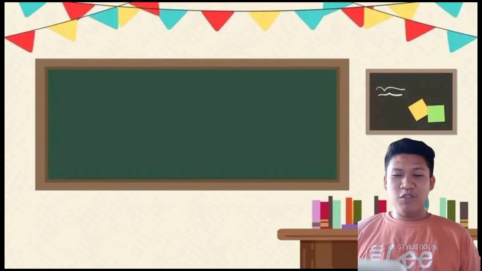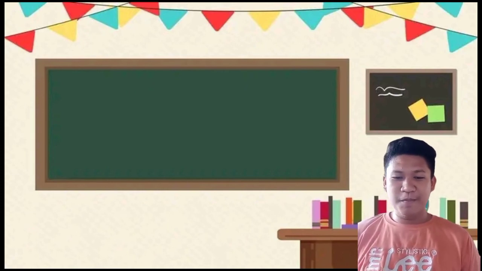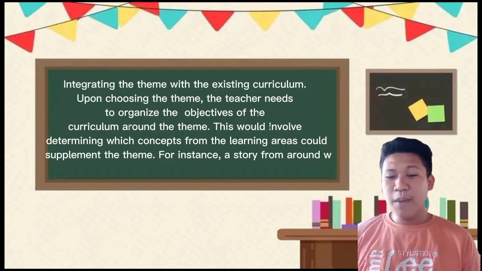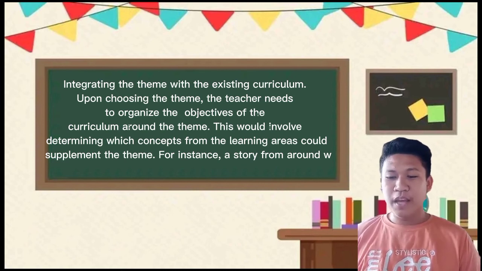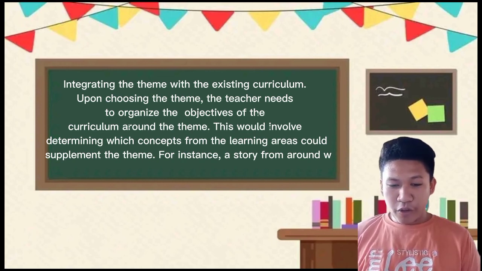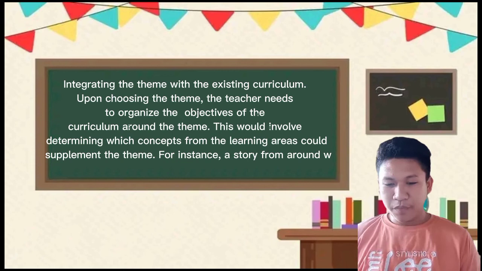So this is the continuation of Lesson 8, integrating the theme into the existing curriculum. Upon choosing the theme, the teacher needs to recognize the learning objectives of the curriculum around the theme. This would involve determining which concepts from the learning areas could supplement the theme.